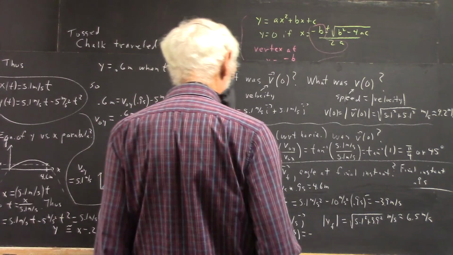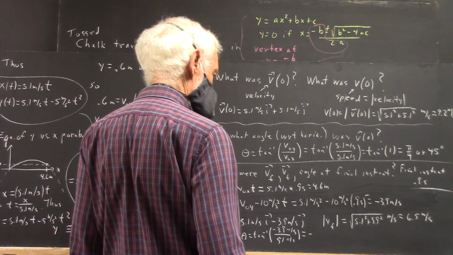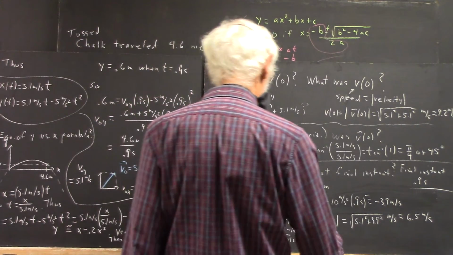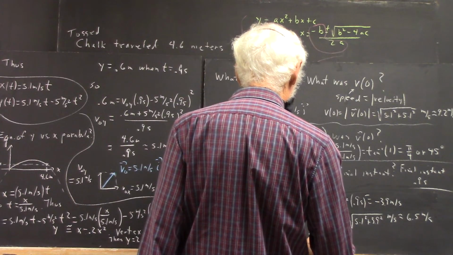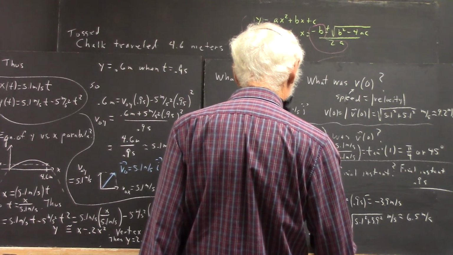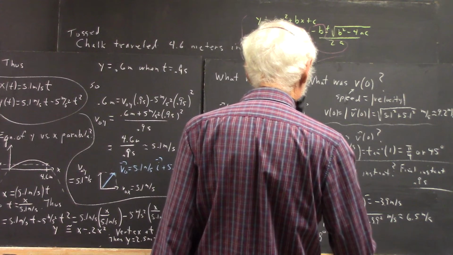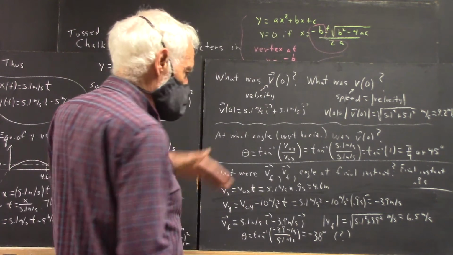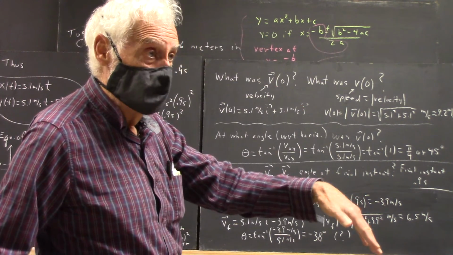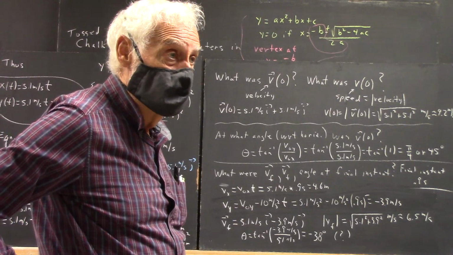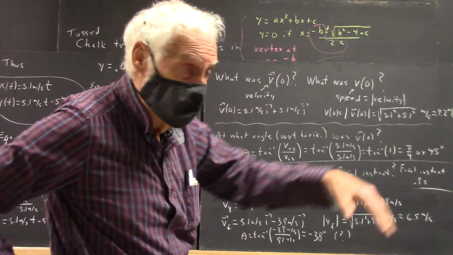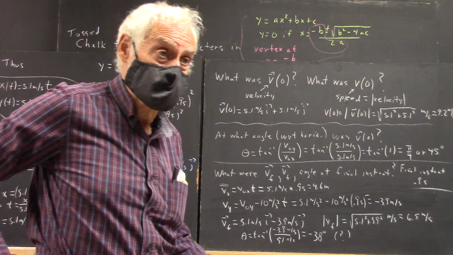I'm going to guess about negative, actually that's, yeah, okay, hang on. Yeah, I would say it's maybe negative 38 degrees. Which means 38 degrees below horizontal, right? And of course it was below horizontal, so these equations work.